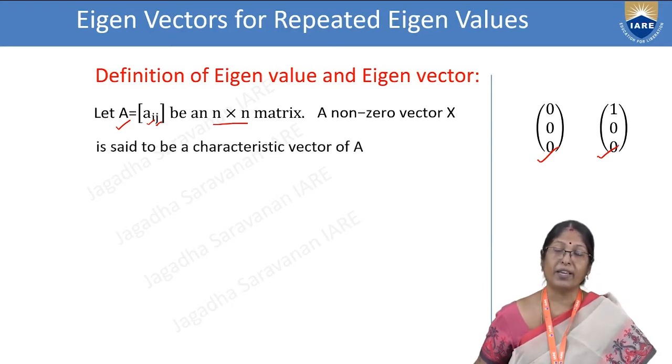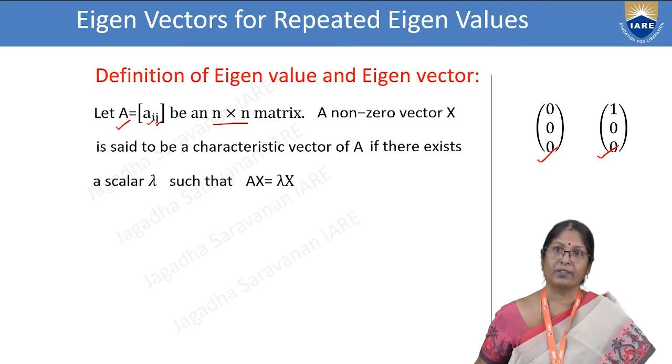It is said to be a characteristic vector of capital A, our given matrix, if there exists a scalar lambda such that AX equals lambda X, where X is not equal to 0, that is, X is a non-zero vector.